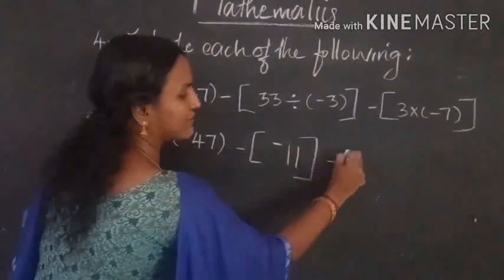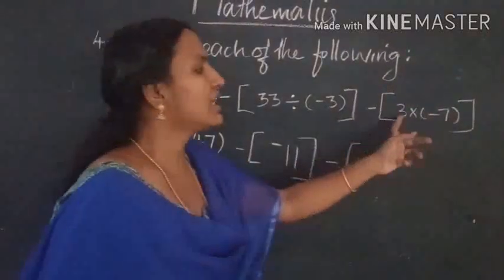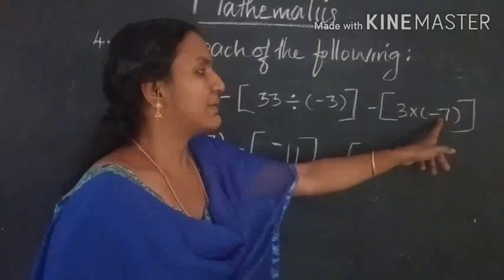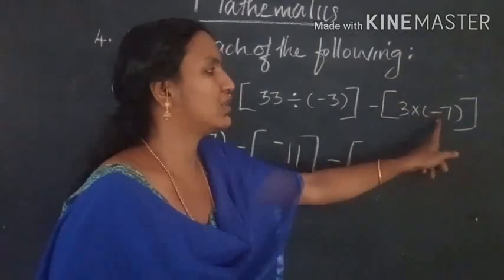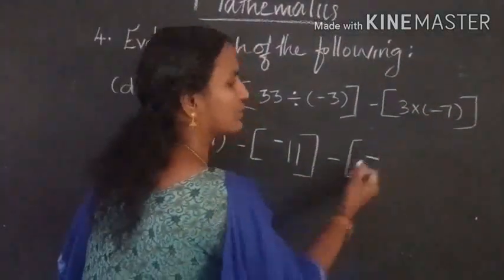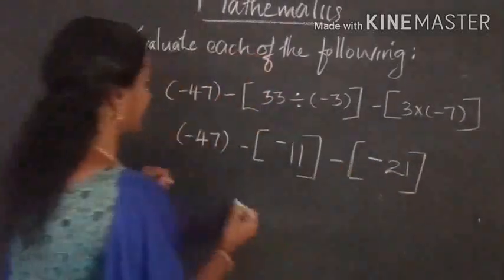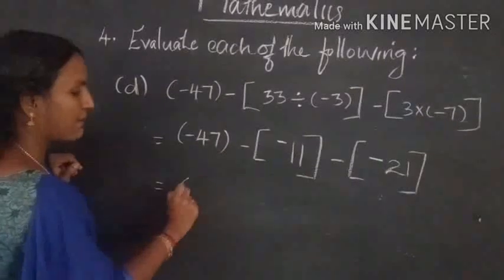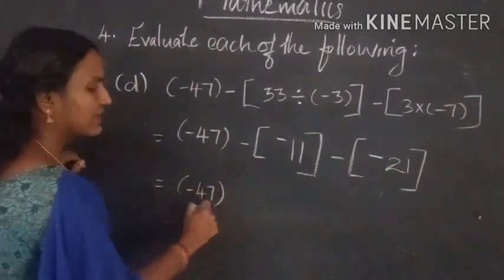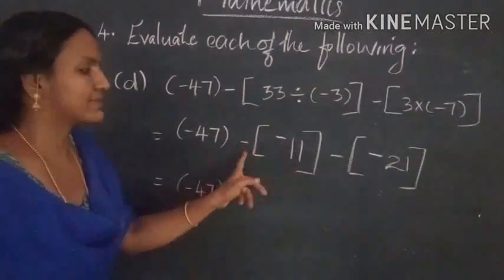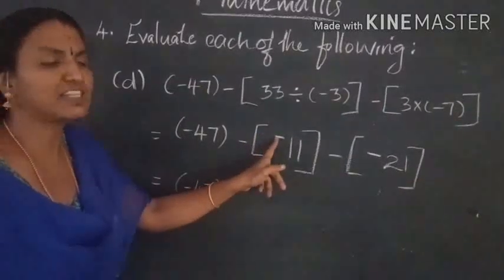Minus of 3 into minus 7. Multiplying a positive integer and a negative integer is always negative. 3 7s are 21. Minus 47. Minus into minus: multiplication of two negative numbers is always positive.